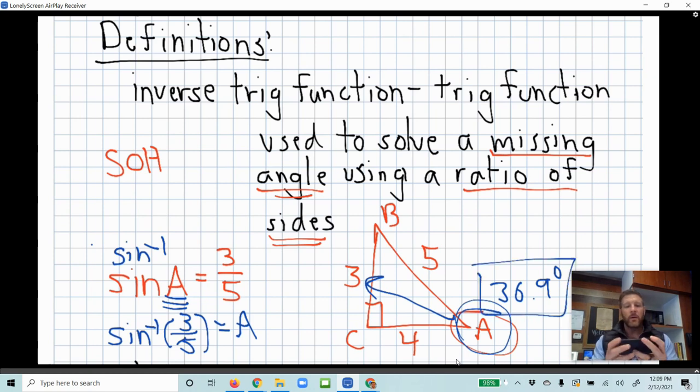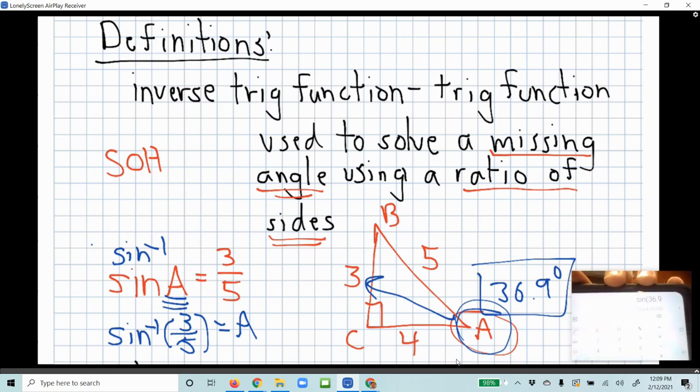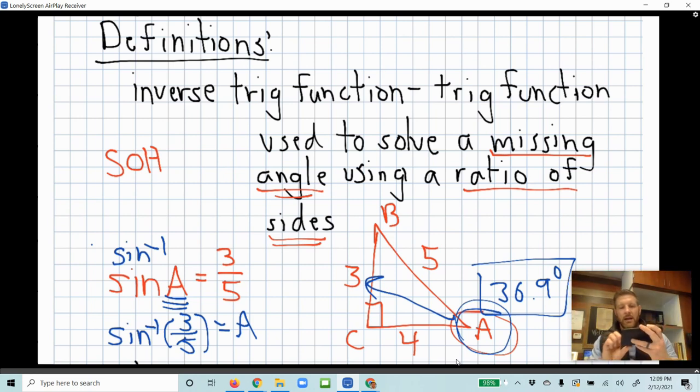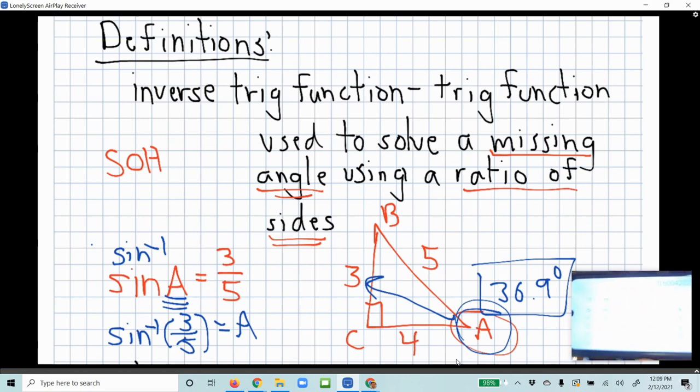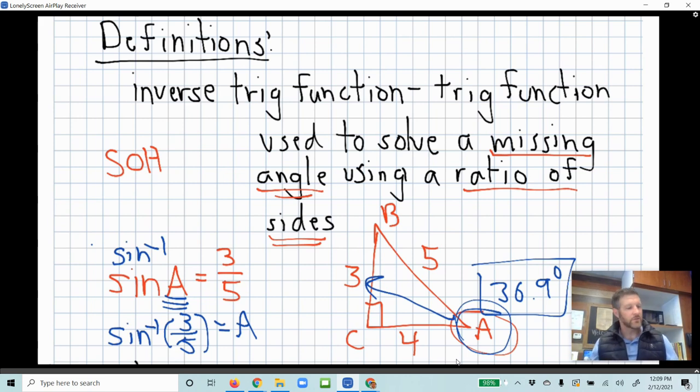What I can show you is if you reverse it, if I take the sine of 36.9, and I don't do the inverse sine, but I just use sine of 36.9 and I hit equals, then I get 0.6. Well, what's 0.6? 0.6 is 3 divided by 5. So it just simply takes me back to where I started.